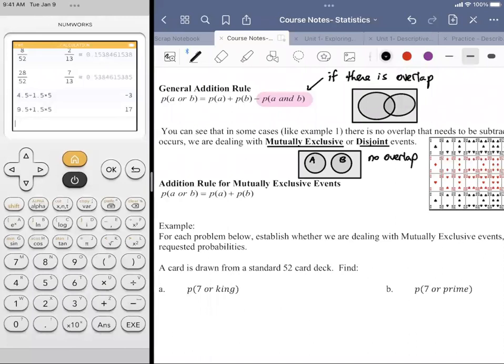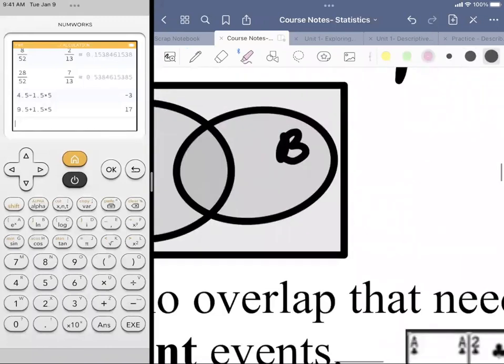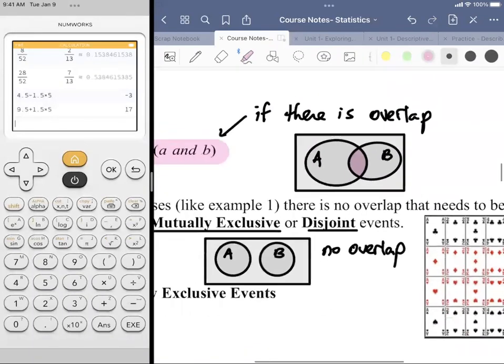I was going for perfect circles, but I'll take what I can get. So you have A, B, and then you have that overlap that represents the set of A and B. A little obnoxious on the highlighting there, but that's what I'm going for.